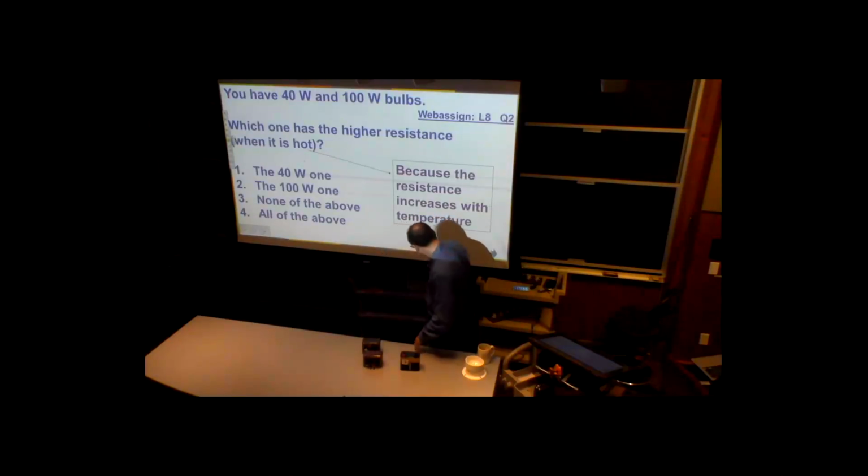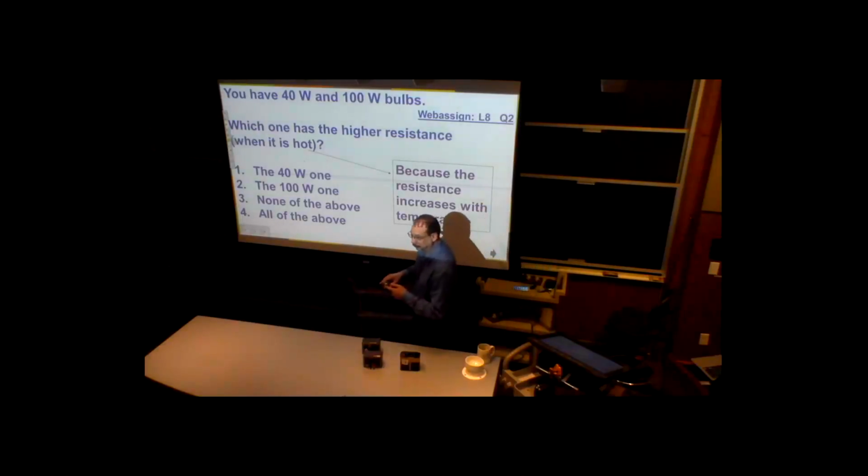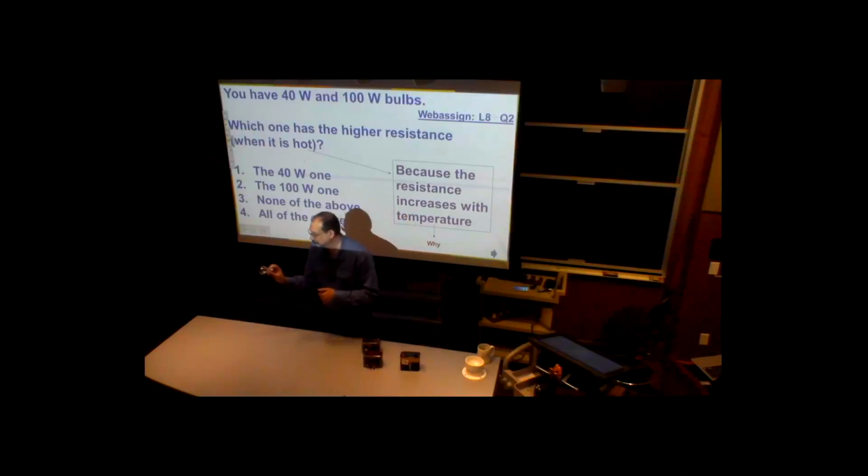Why do you think the bulb... By the way, have you ever read the bulb writings? What does it say? It says two numbers. It says voltage 120 volts and power 100 watt. That's it, nothing else.